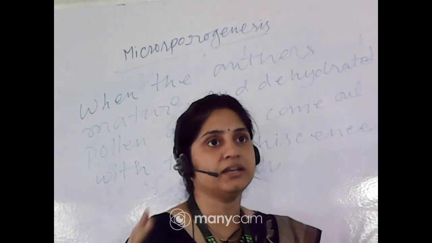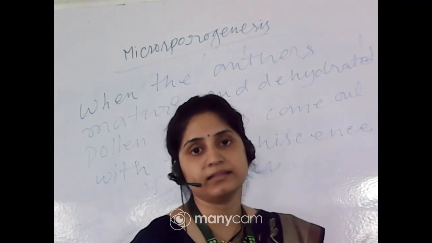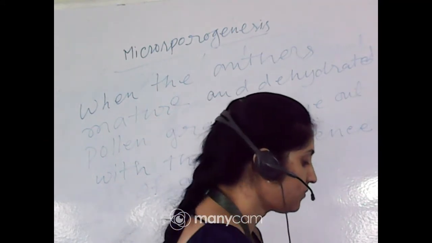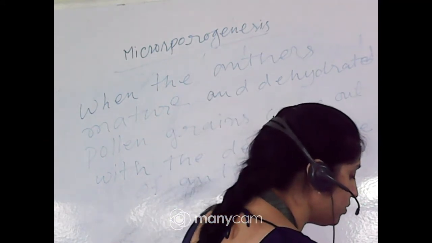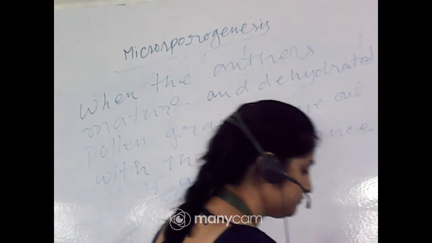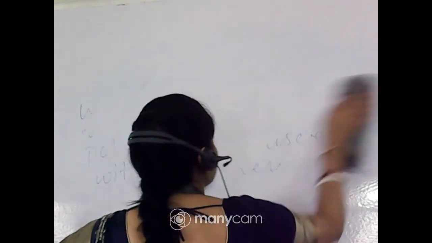When they have totally used it, they mature, then dehydrate and come out through the line of dehiscence. Now, the structure of the pollen grain, how the pollen grain looks. So this is the process of how the pollen grain is formed.